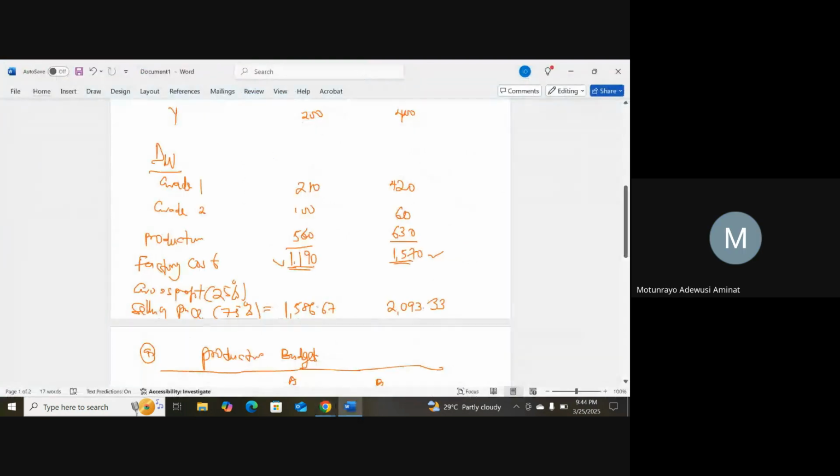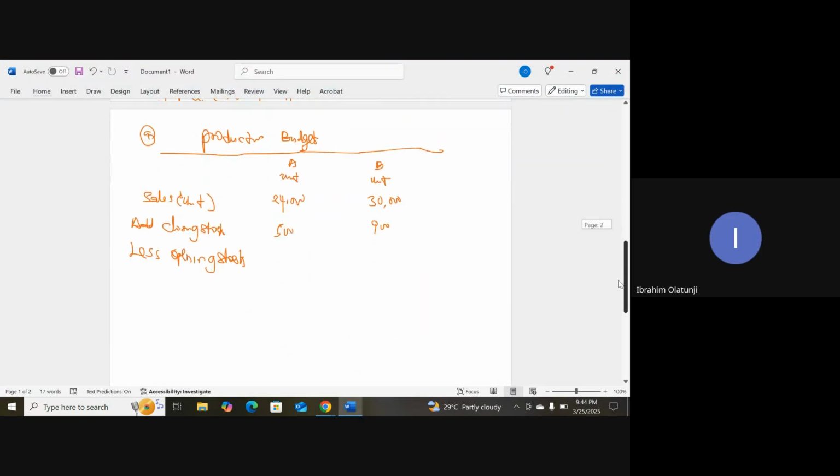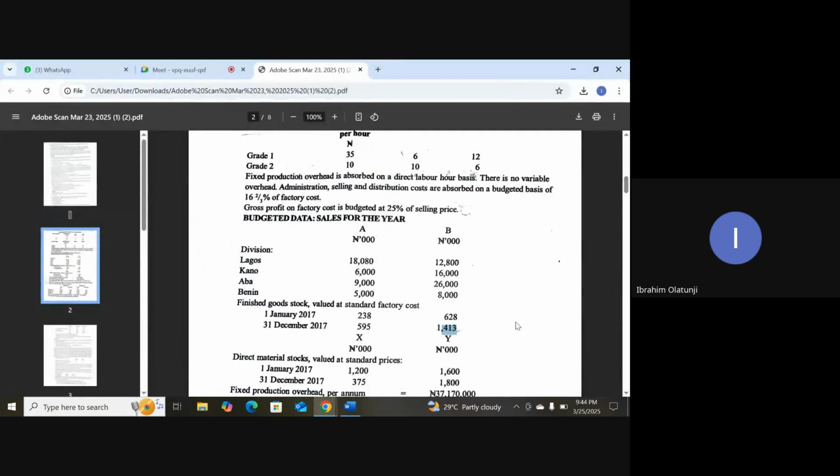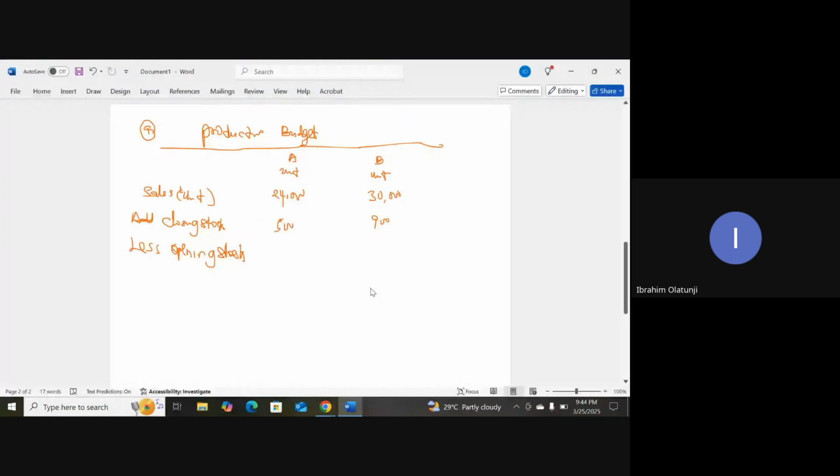Okay, thank you. So then we now move to the opening stock. Opening has to be January. It's the same way. 238,000 divided by the factory cost, which is 1,190. So we have 200.